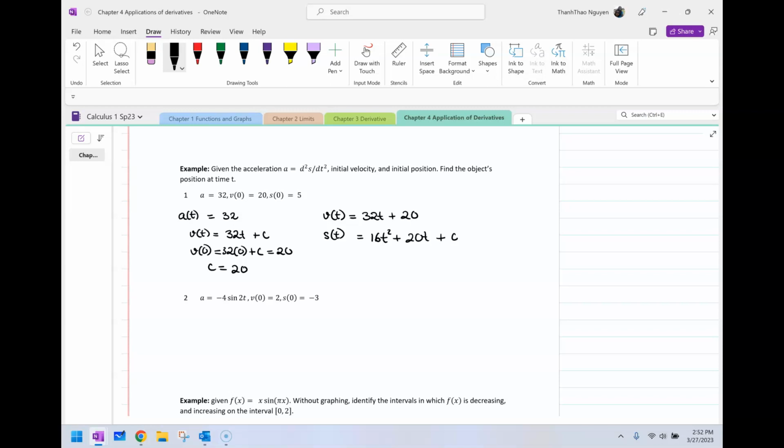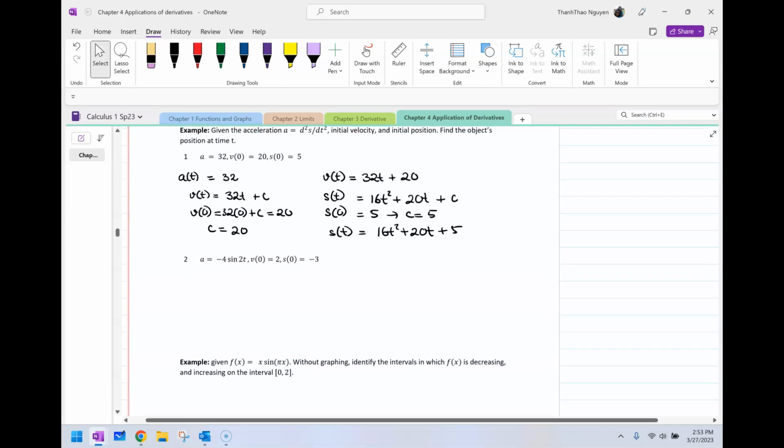Derivative of 20t is 20. Derivative of c, a constant, equals 0. And we were told that s of 0 equals 5. This means c equals 5. So then our position function equals 16t squared plus 20t plus 5.